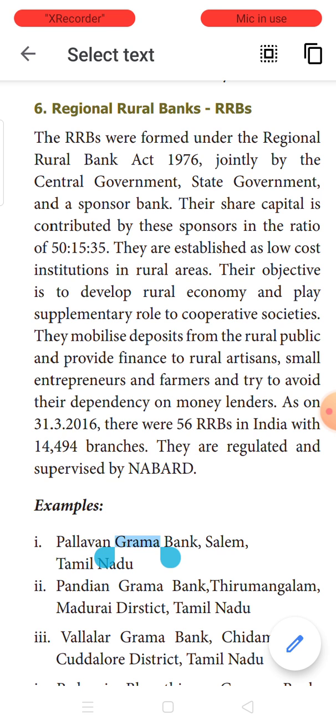These three together form the regional rural banks. What is the share capital of the rural banks? Out of the total share capital, 50% is given by the central bank, 15% by the state bank, and the remaining 35% by the sponsor bank.